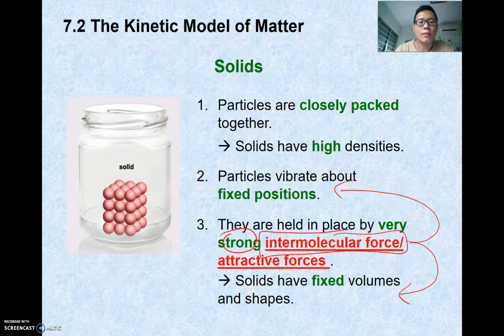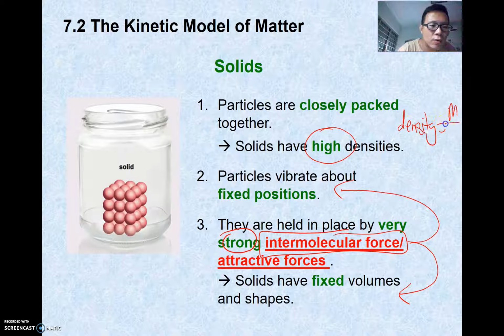Because of that, I have a high number of molecules in a certain unit volume. More molecules means more mass. As a result, solids have a high density, because the density formula is mass over volume.